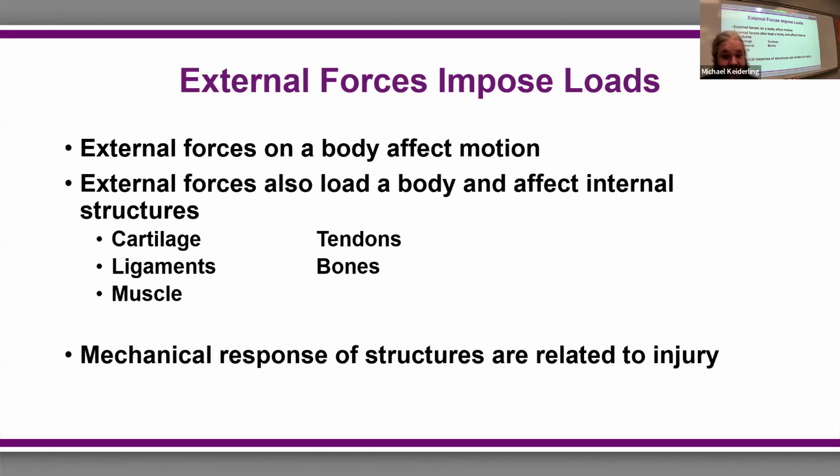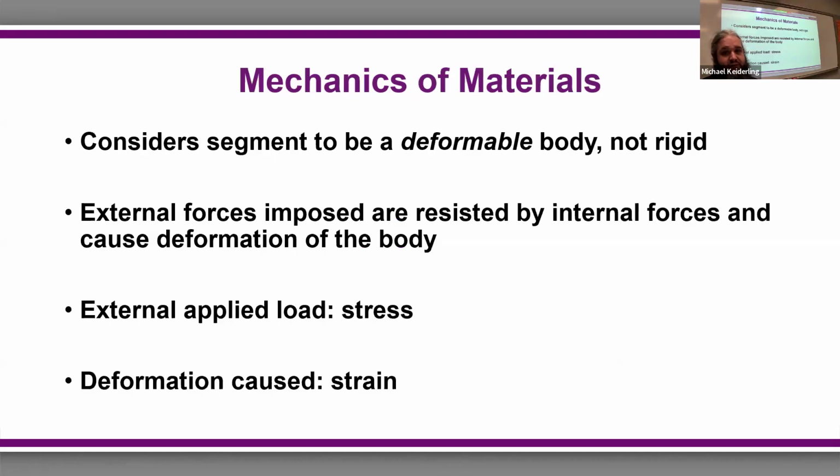These are the internal structures that are affected by the forces from outside. And the mechanical response of structures, how structures respond to these external loads, is related to injury. Because when parts of your body are stressed beyond their limits, you get injuries.